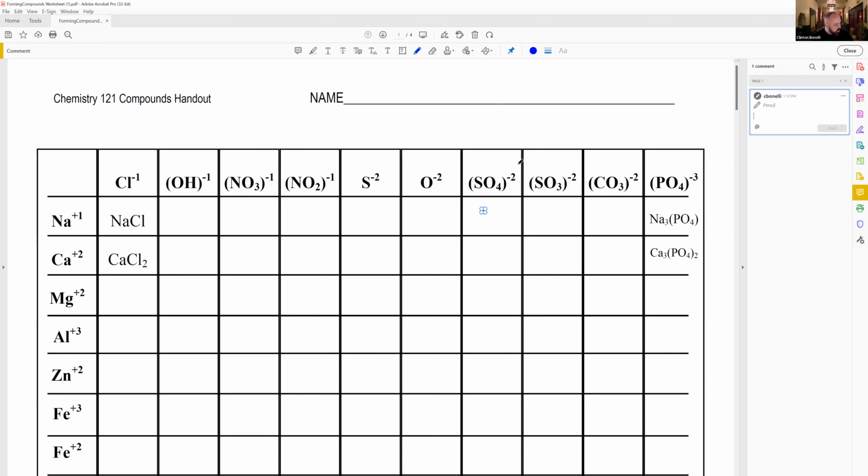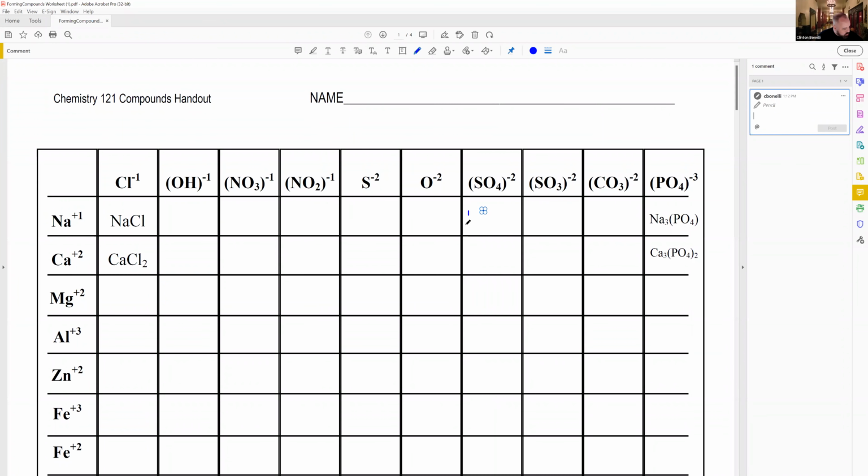If we are comparing SO4, I almost just said the name of the radical to you, so I caught myself there, to sodium, it'll be the same as when oxygen was interacting with sodium. Oxygen had the need for 2 electrons. Sodium each had 1 electron to give, so it took 2 sodiums to every 1 oxygen.